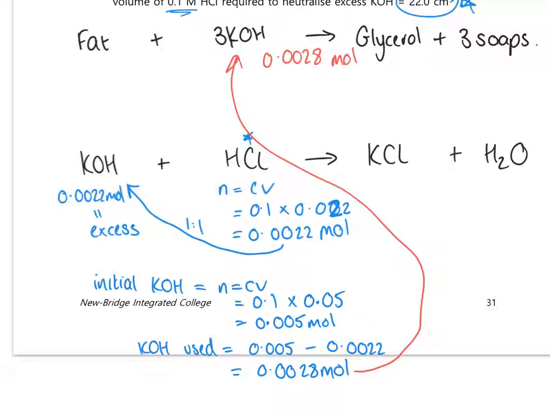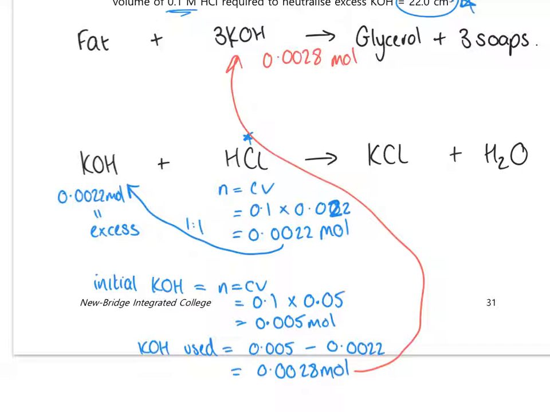No, because it's a separate equation. It's when you're going within the same equation that you need to do your ratios. If I had 0.0022 moles of excess and divided that by 3, I'd be saying I have 0.0007 or something, which I don't, because I have 0.0022.